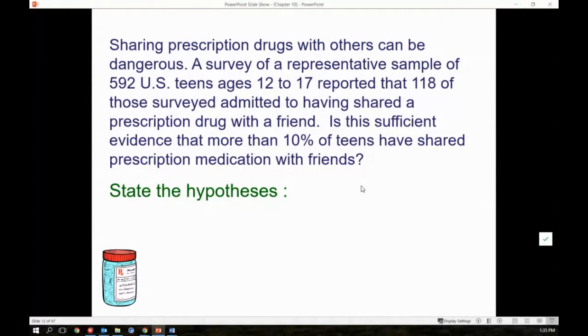Is this sufficient evidence that more than 10% of teens have shared prescription medication? On these examples today, we're not solving anything yet. We haven't learned how to solve anything yet. We're just setting up the hypotheses.